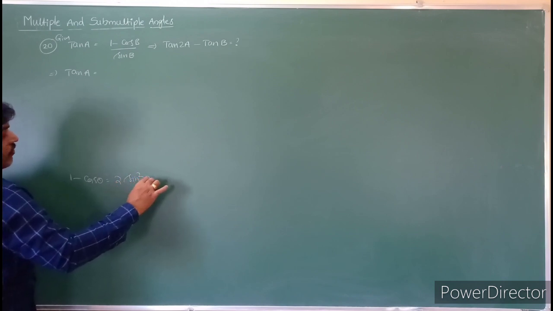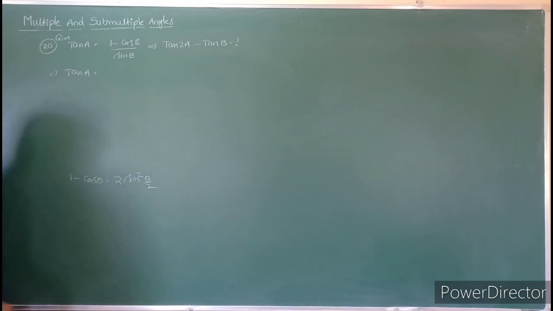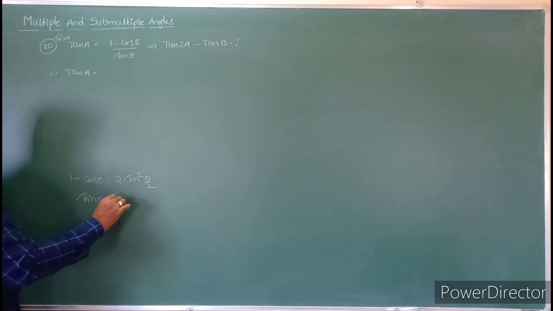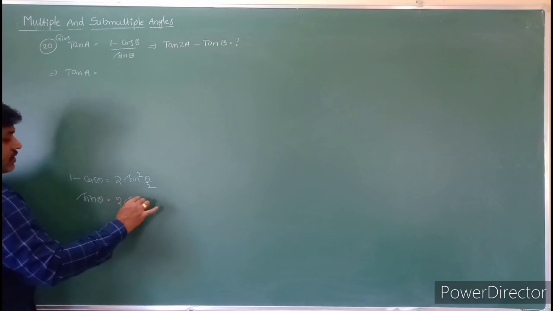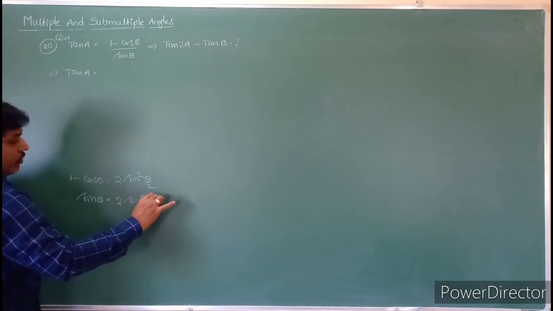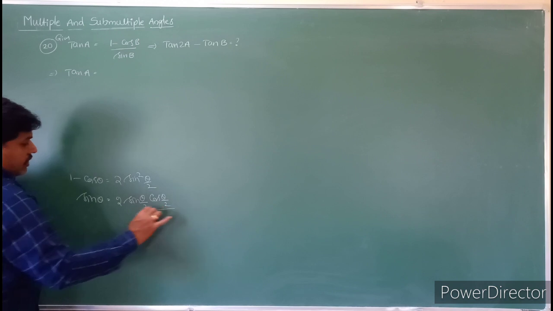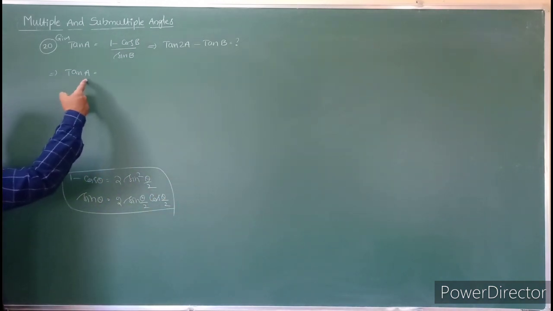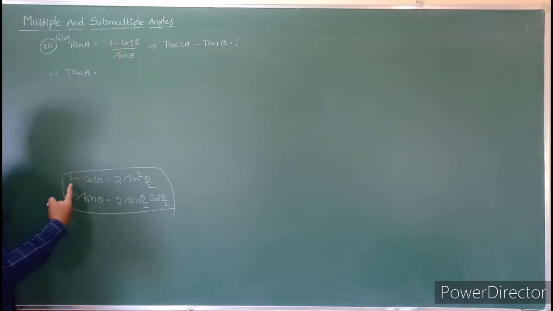So 2 sin square theta by 2, and also the sin theta formula, the half angle formula, can be written as 2 sin theta by 2 and cos theta by 2. So use these two formulas here. What happens? Sin A is equal to 1 minus cos theta, 2 sin square theta by 2.